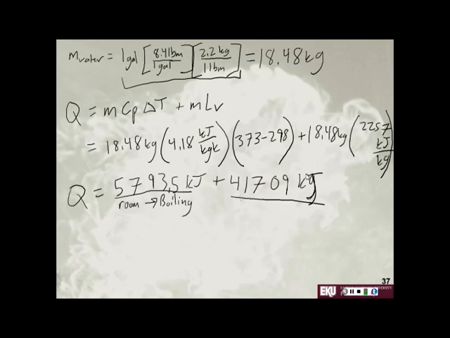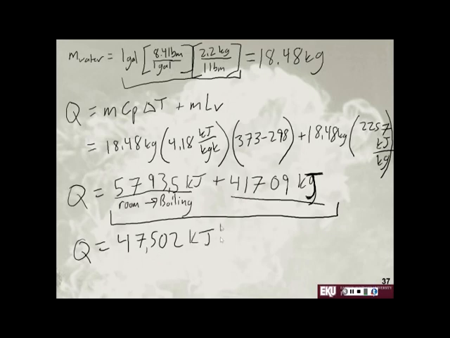So there's a very significant amount of energy required to change the phase of a material. That's a lesson we want to learn for this class. Our total amount of energy is 5793.5 plus 41,709, which is 47,502 kilojoules.